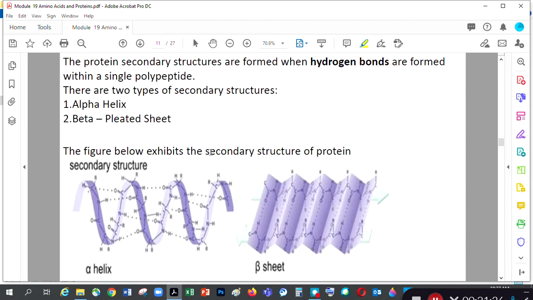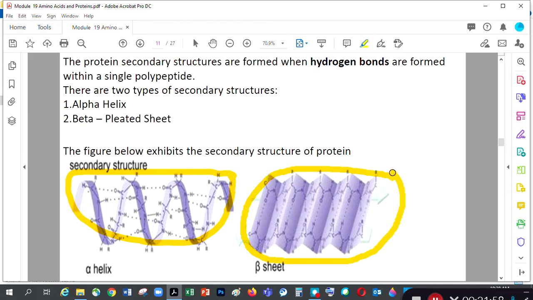The secondary, as we said, there is nothing mysterious about secondary. It's just the arrangement in space, correct? And there are two arrangements of the primary chain: in a spiral one, in a helix, this is called alpha helix, and the beta sheet.